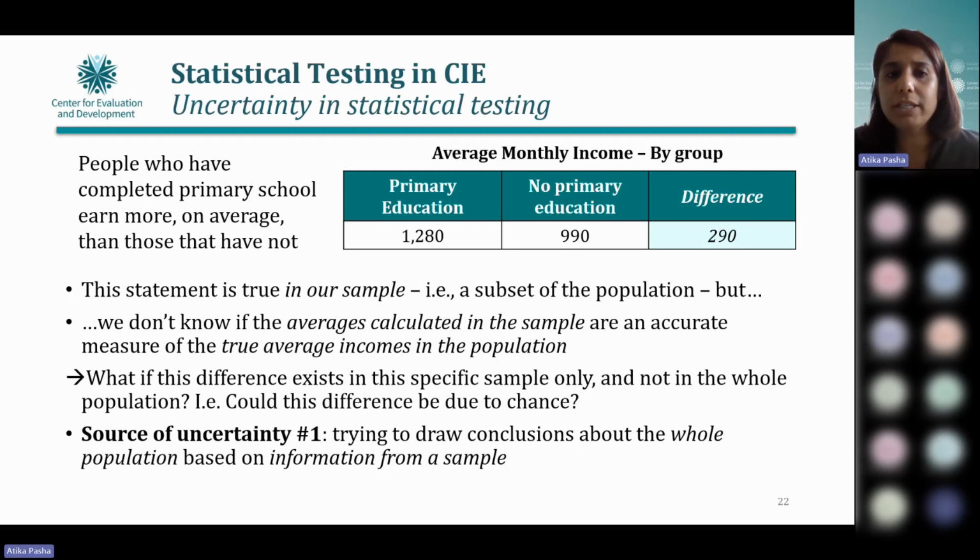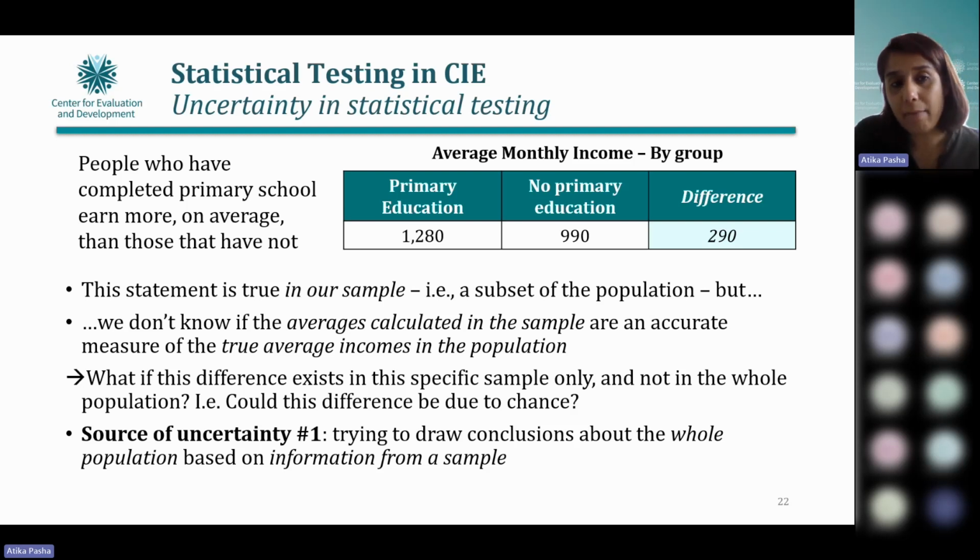We started off with a sample of 10 individuals, and the difference between those who were educated versus those who were not educated in primary school is 290 units. This, however, as I said, is just our sample. It's just a subset of the overall population of 20 individuals.